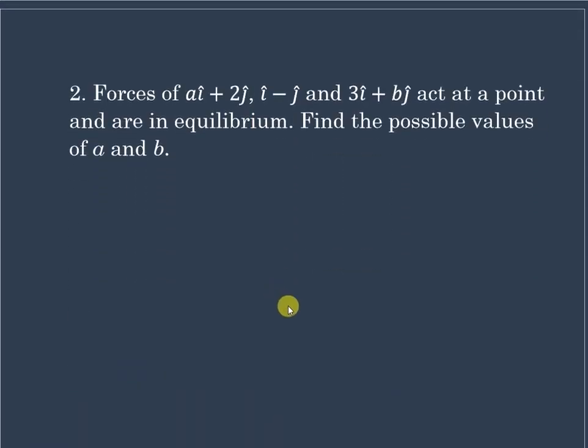Proceed. Forces of ai plus 2j, i minus j and 3i plus bj act at a point and are in equilibrium. Find the possible values of a and b. They are talking about forces which are already in component form, and the forces are in a state of equilibrium.